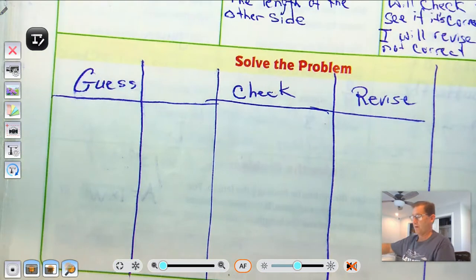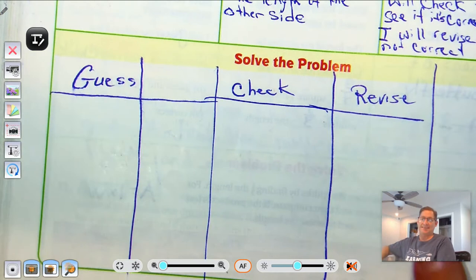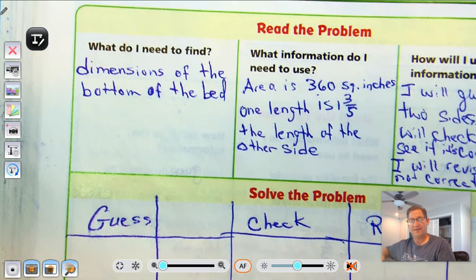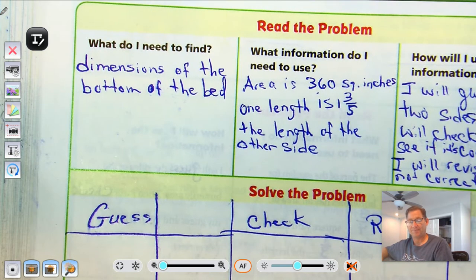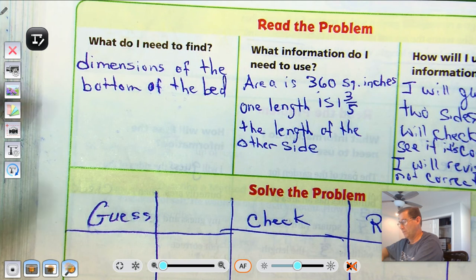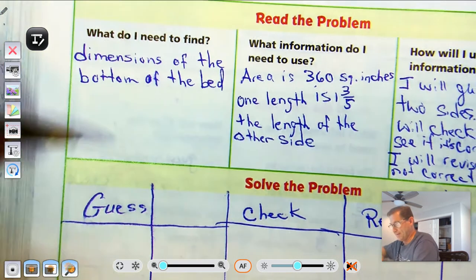Okay. All right. So 360. What are two numbers multiplied together that might give me 360? Well, let's see.